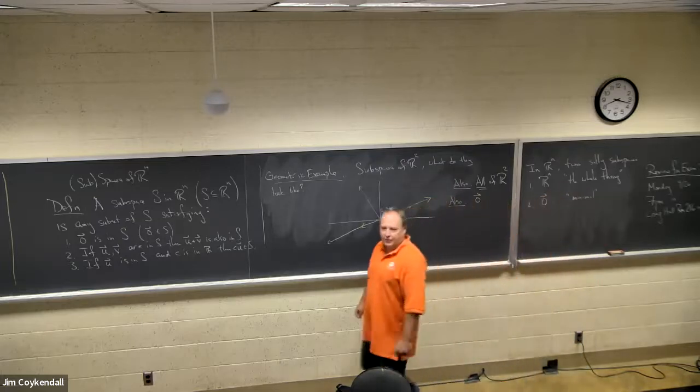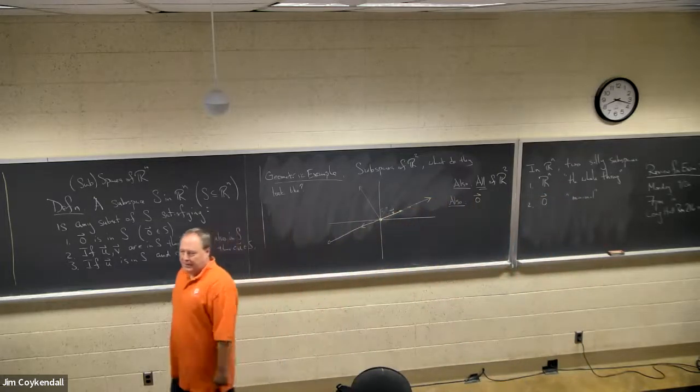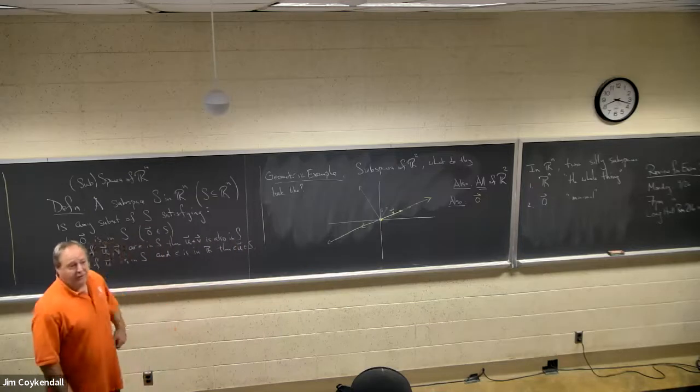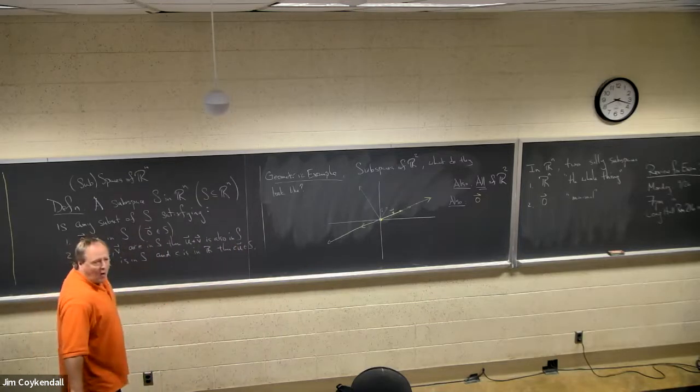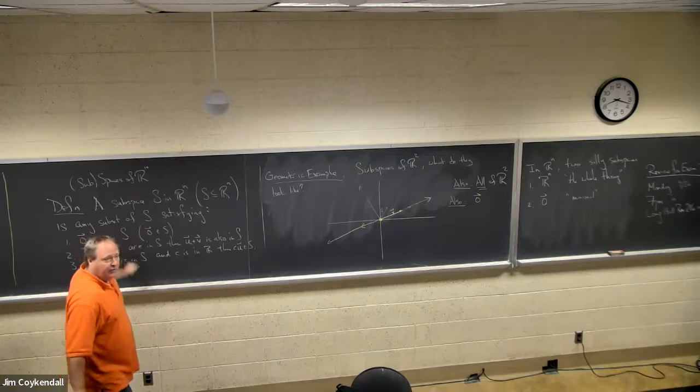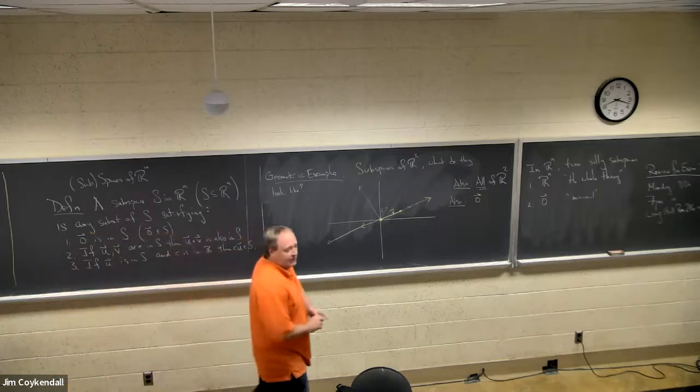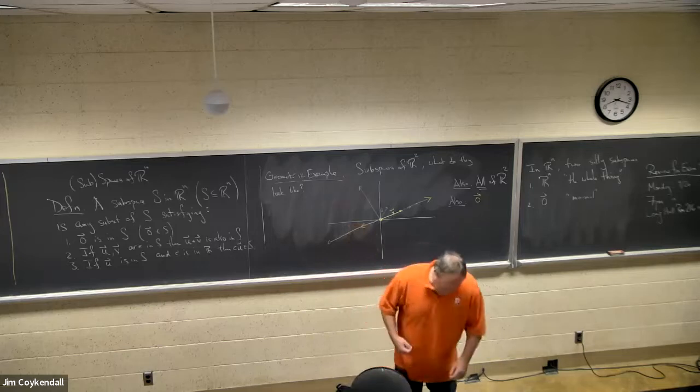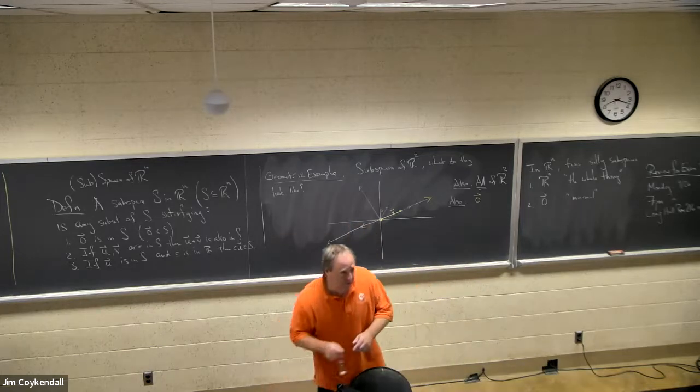So one thing that you have for sure is all of Rn. That'll be a subspace. Any space is a subspace of itself, and you will always have the zero vector, which is the smallest space you could ever have, because we assume that every subspace contains a zero vector.